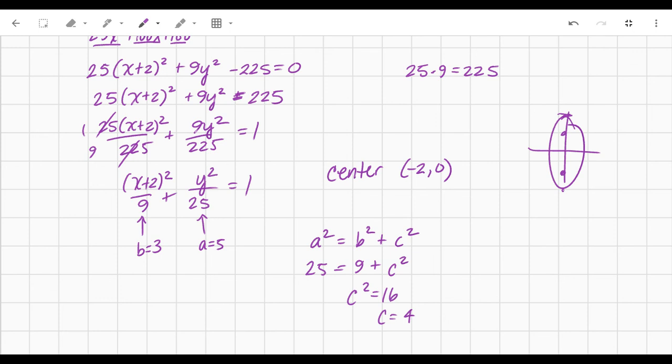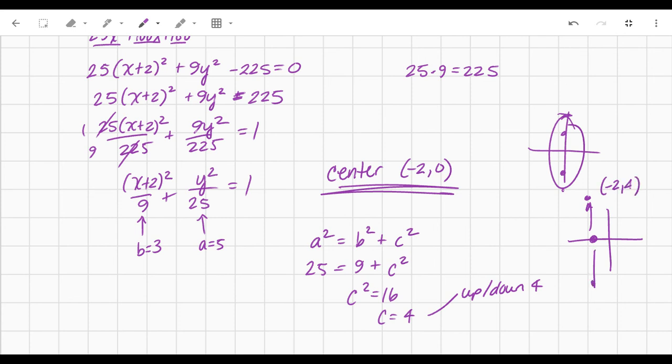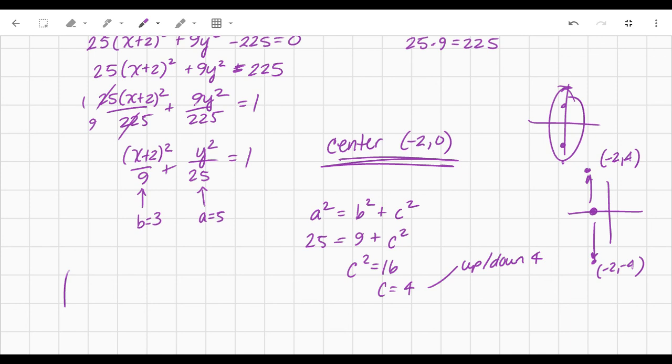So from our center, we need to move up and down 4. If we're at negative 2, 0, up 4 puts us at negative 2, 4. Down 4 puts you at negative 2, negative 4. So our foci are at negative 2, 4, and negative 2, negative 4.